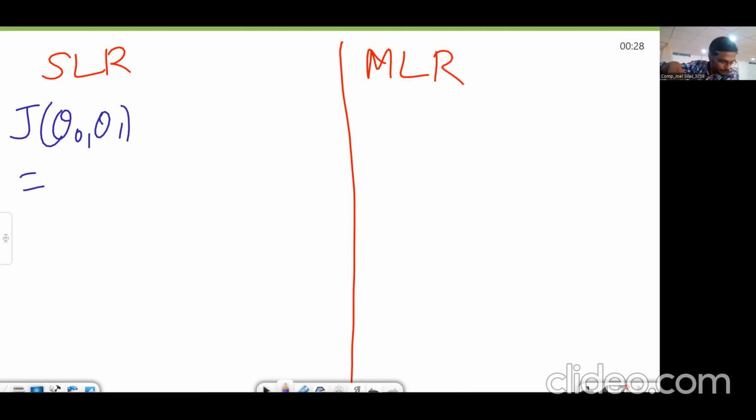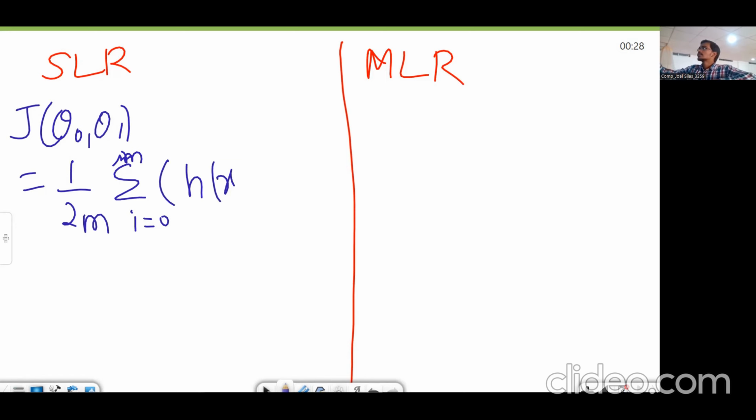It was equal to 1 upon 2m, summation i equals 1 to m, of (h of x(i) minus y(i)) squared. For simple linear regression, we had just one particular feature.